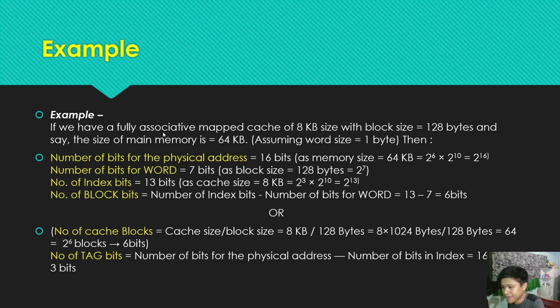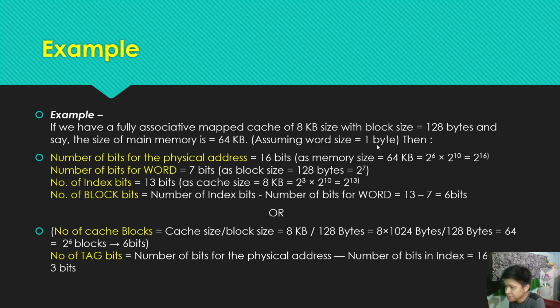Okay, so we have another example right here. This is in terms of actual example, in terms of, you know, if there is a certain computation or a number. So we have this one right here. If we have a fully associative mapped cache of 8 kilobyte size with block size equal to 128 bytes, and say the size of the main memory is 64 kilobyte, assuming word size is 1 byte.